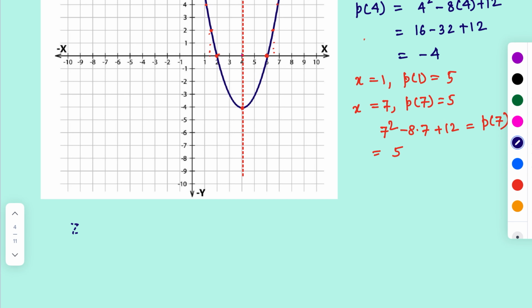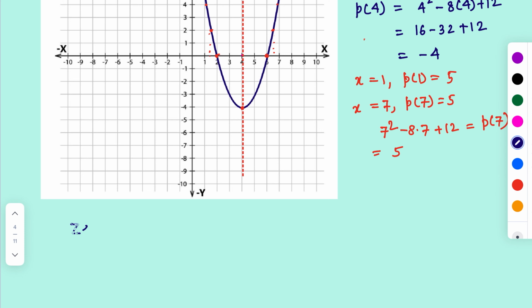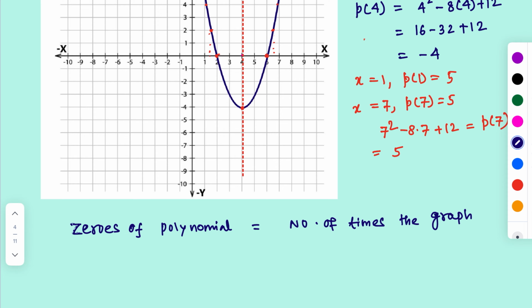So you will see the number of zeros of the polynomial is the same as the number of times the graph cuts the x-axis.